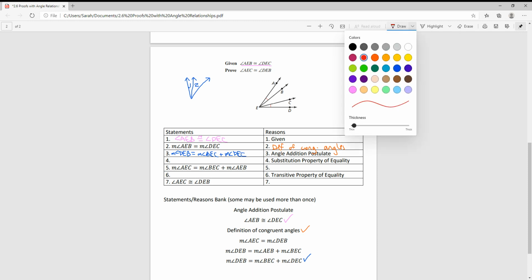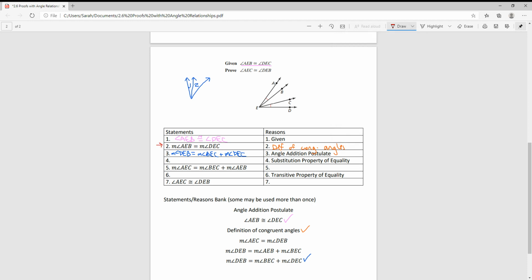Now, this next step, they said that they used the substitution property of equality. So we've substituted one equal thing for another equal thing. The only things that we know are equal right now are that AEB and DEC are congruent. So notice that this equation right here that I'm checking off with a red check mark looks very similar to the one we just wrote in blue, except where we have a DEC, we now have an AEB.